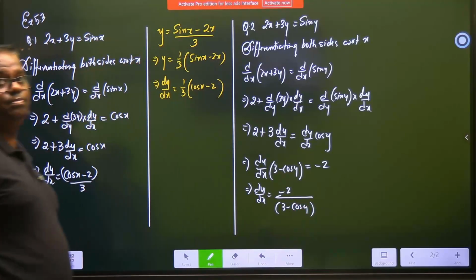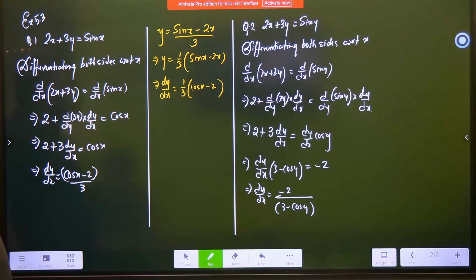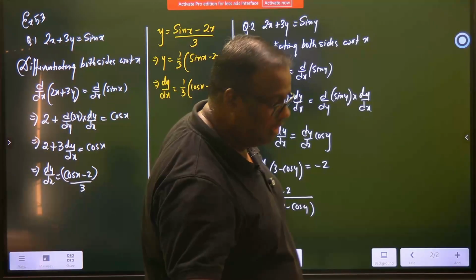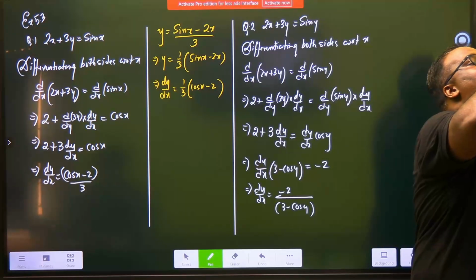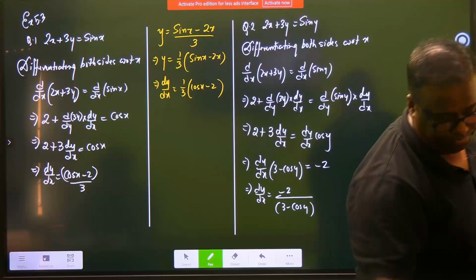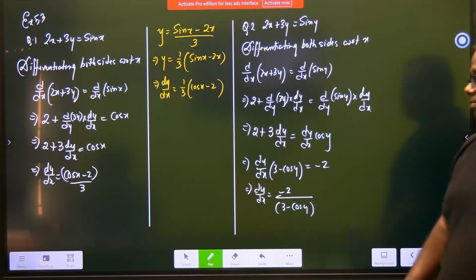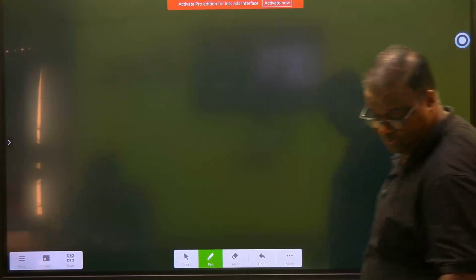Able to do? Okay. Shall we pick another one now? Chalo, let's do one more.